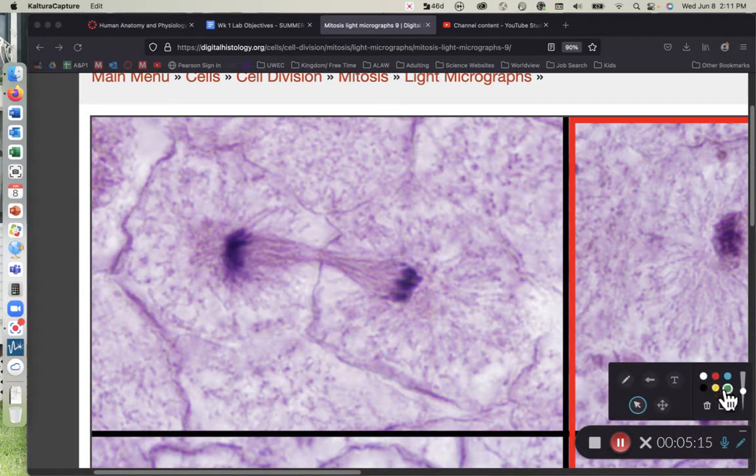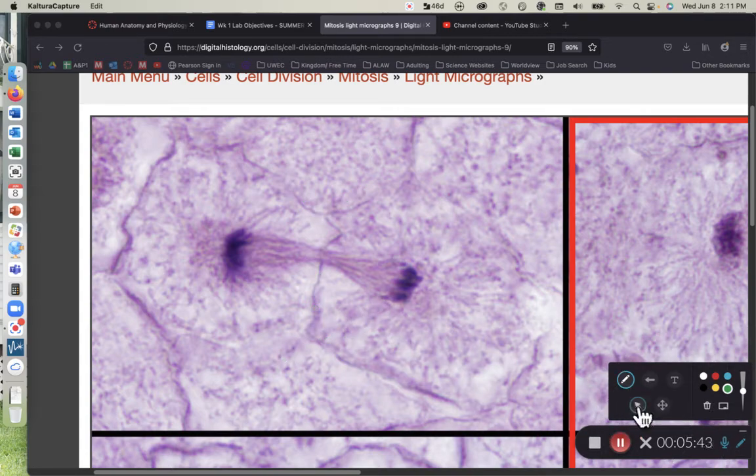We can see how there's an indentation going across right there. That's referred to as a cleavage furrow. The cleavage furrow is when the cell membrane starts to pinch off and form two brand new cells. So this is the separation, or division, of our cytoplasm.